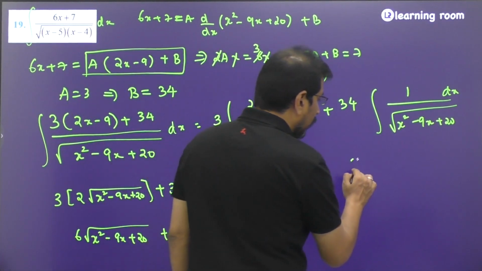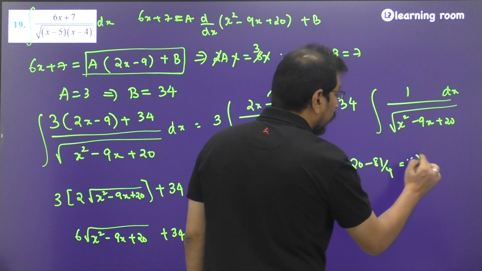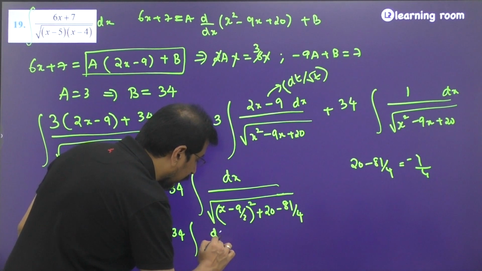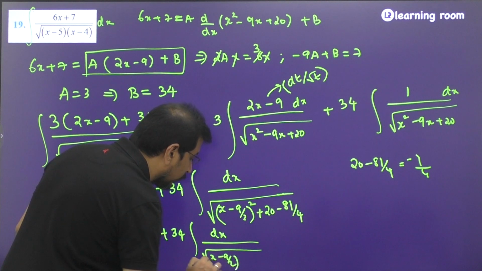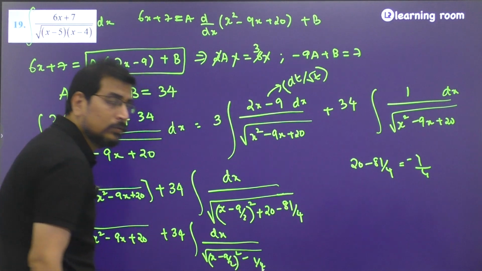See, 20 minus 81 by 4 is actually 1 by 4 with a minus sign. So 34 into the integral of dx divided by the square root of x minus 9 by 2 the whole square minus 1 by 4.